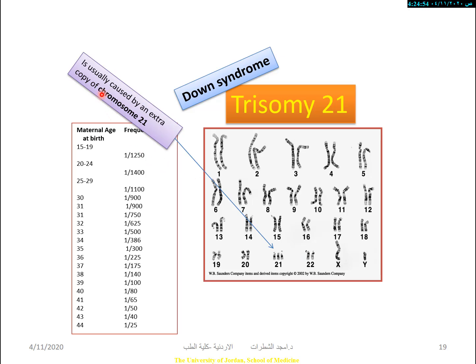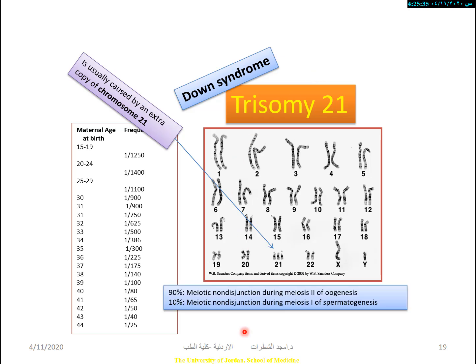It is usually caused by an extra copy of chromosome number 21. Look here: chromosome number 1 is normal and has its homologous partner, as do 2, 3, 4, 11, 12. However, when it comes to 21, there is obviously an extra copy, so 1, 2, 3. This is trisomy, and because it happens to chromosome number 21, we call it trisomy 21, and usually we call it Down syndrome.